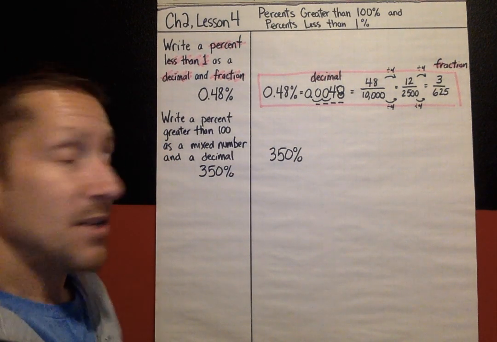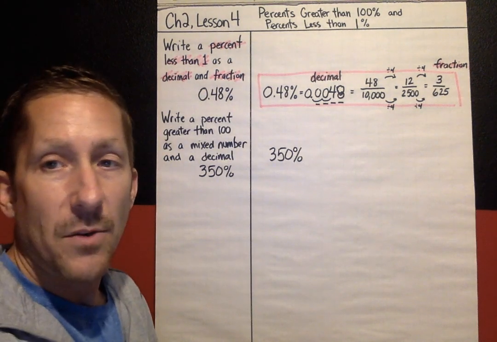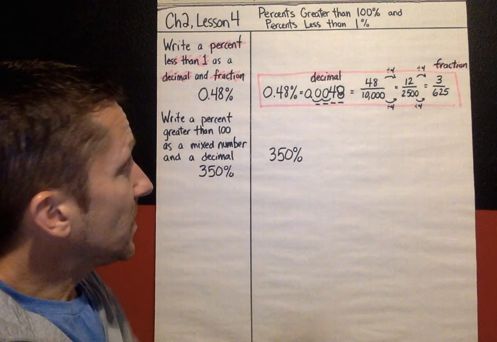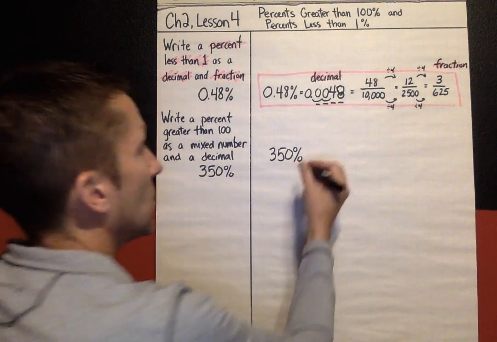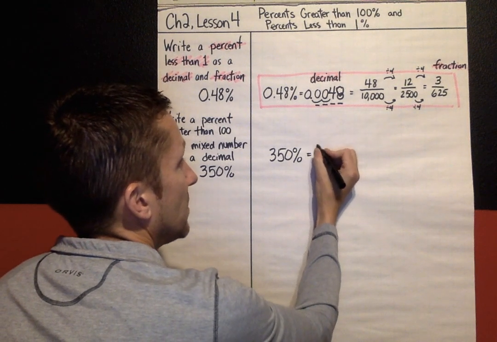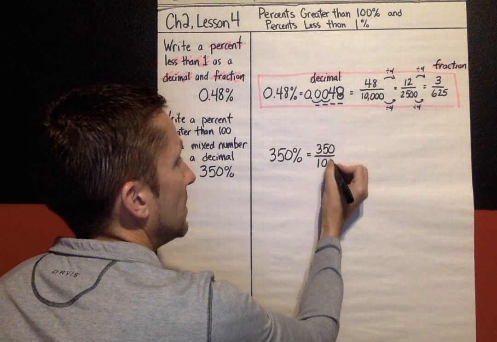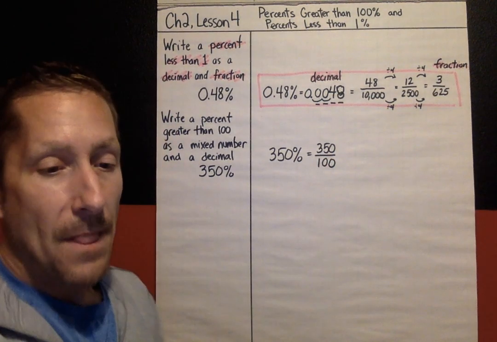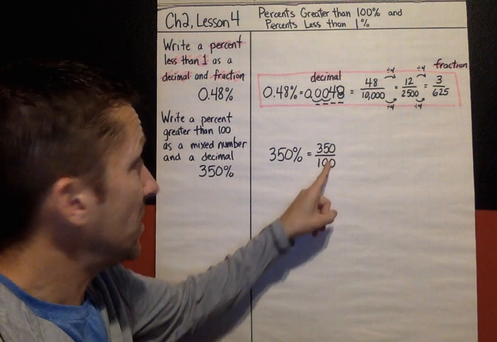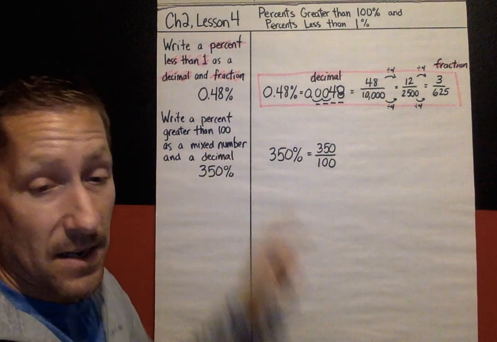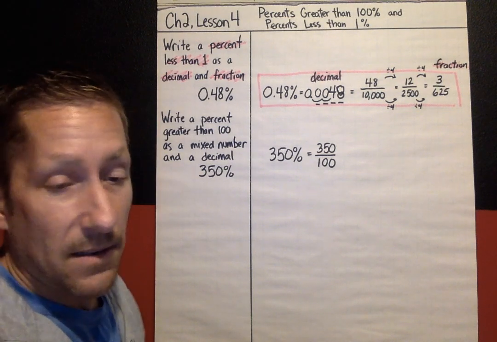Okay, here is the strategy for a percent greater than 100, making it into a fraction. Remember what percent means? It means out of 100. So right away, I can change this into 350 out of 100. From here, this is an improper fraction, but I want to change it into a mixed number. So there's a couple different ways I could do this.